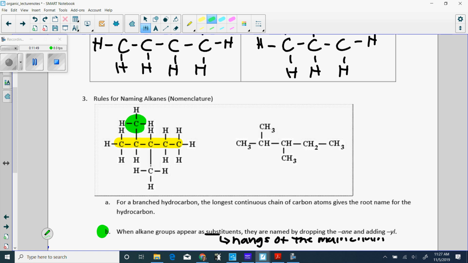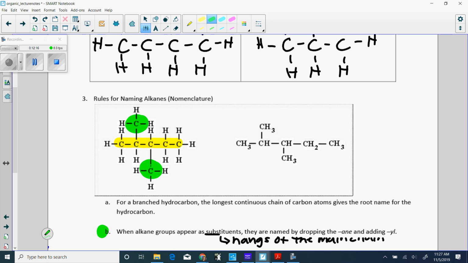Substituents are things, not hydrogen, that are connected to and hanging off the chain. So they're not part of the main chain, but they're not hydrogens either. In this case, my substituents are carbons. They do not have to be. They can be hydroxides, they can be iodines, they can be chlorines. We'll get there. For now, I have carbons.